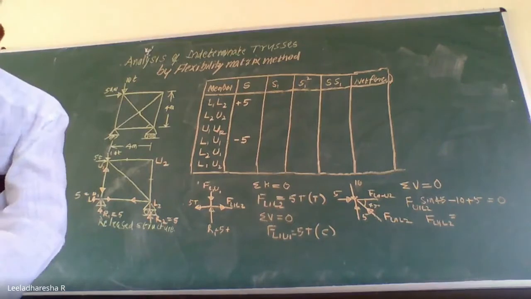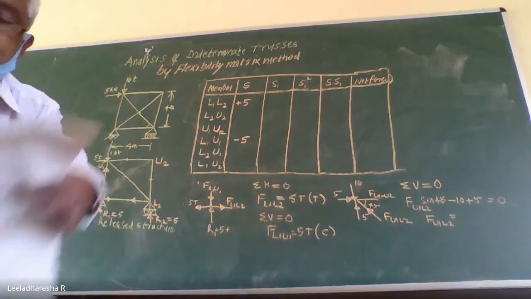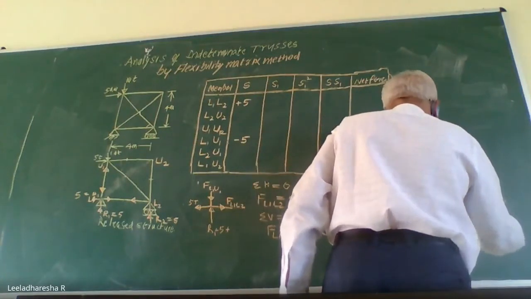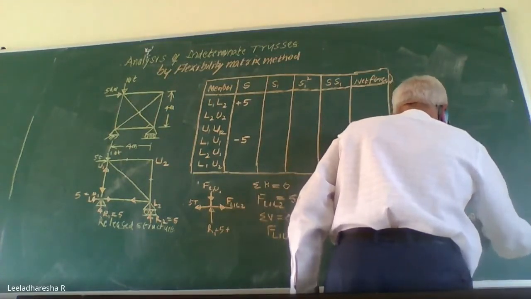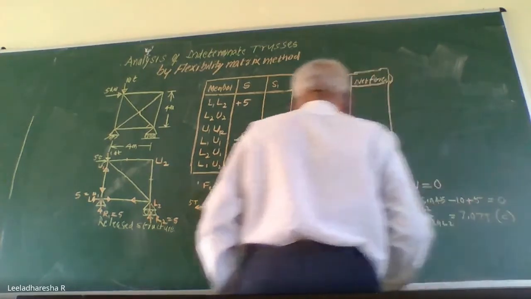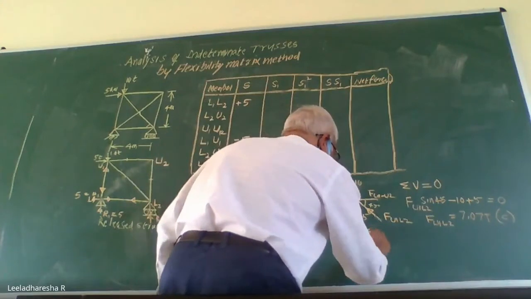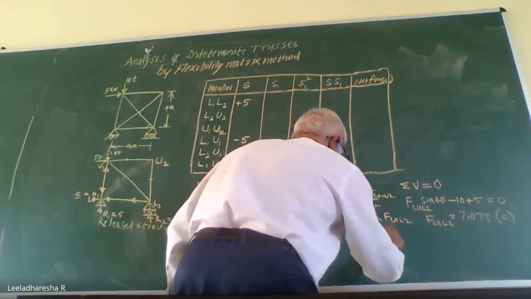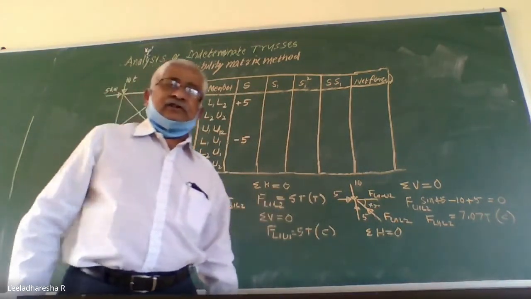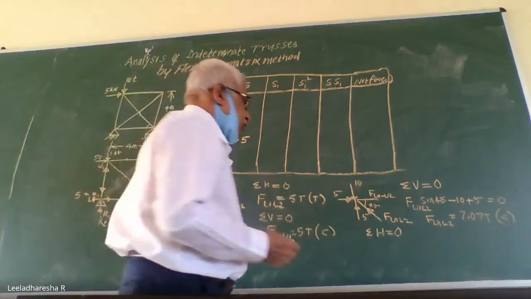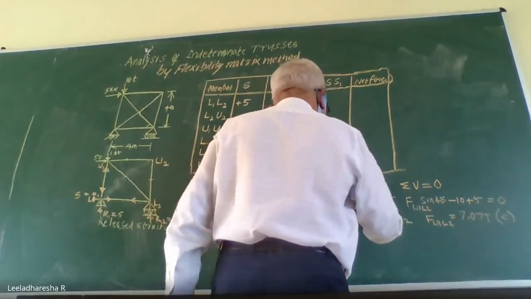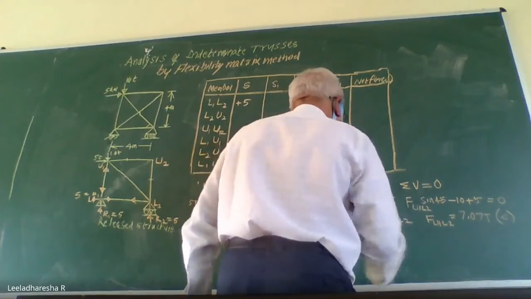And it is compression. Okay, if you simplify this, you get this as 7.07 tons, and it is compression. Right. Now equate sigma H to 0. Resolve all the forces in horizontal direction and equate them to 0. So F U1 U2, it is moving towards left, I assume. Right?